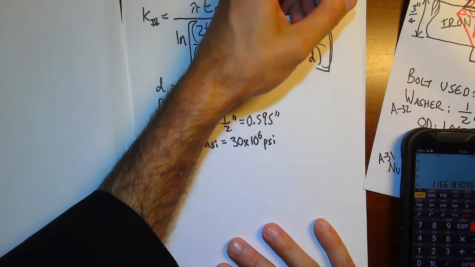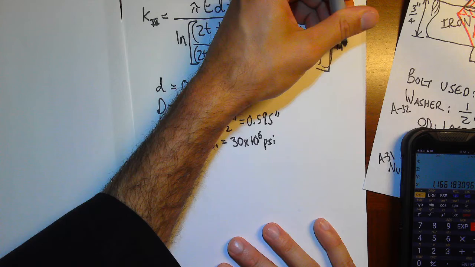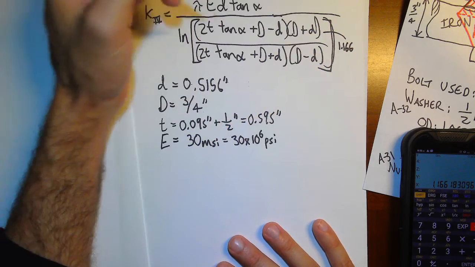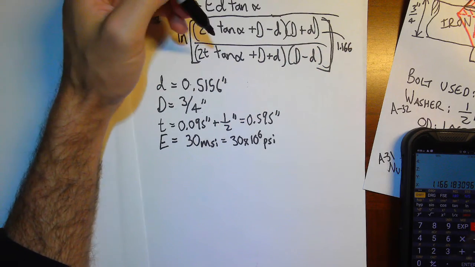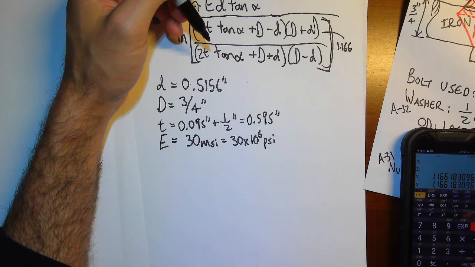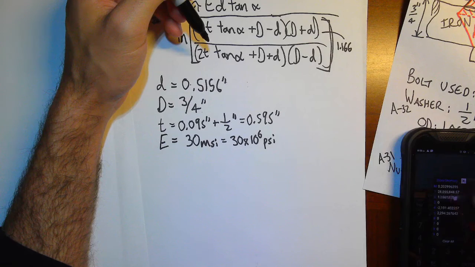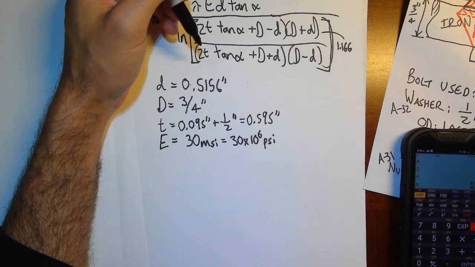Okay, get the numerator to be 1.166. That would be the same as the last one. Store that off into memory 2. Okay.